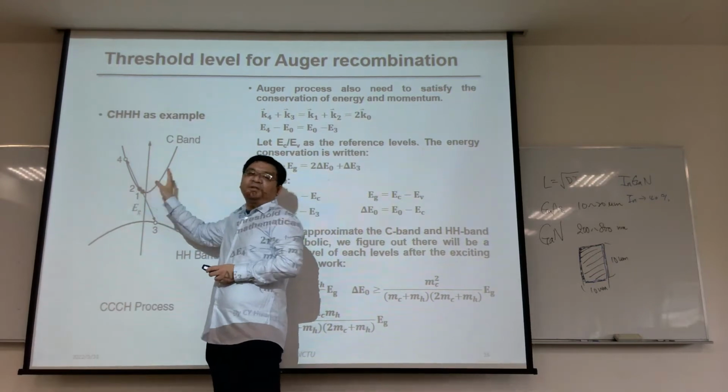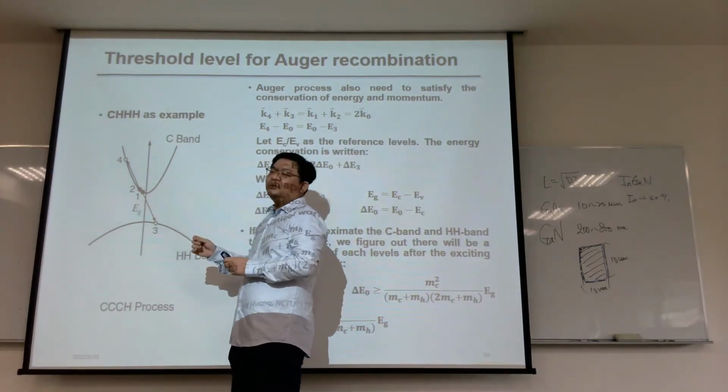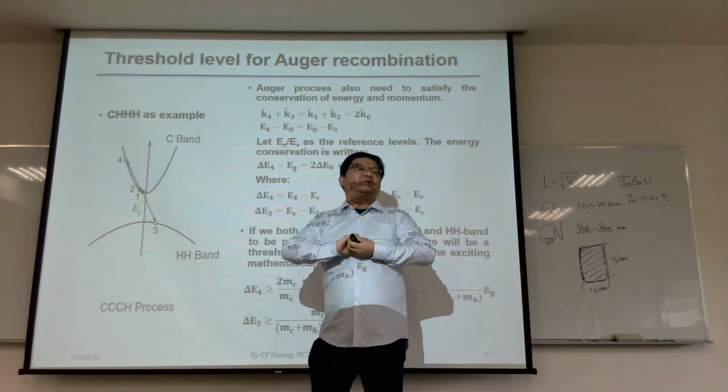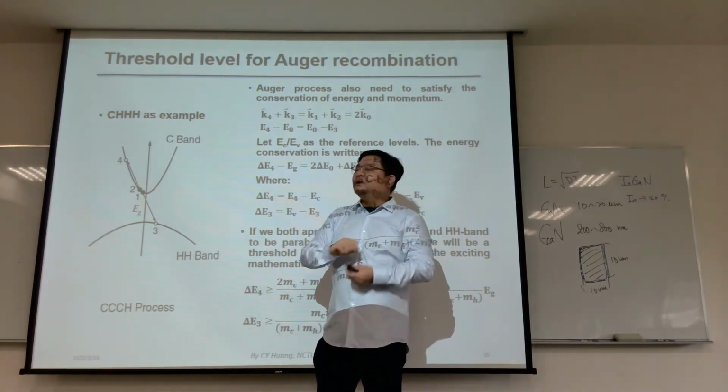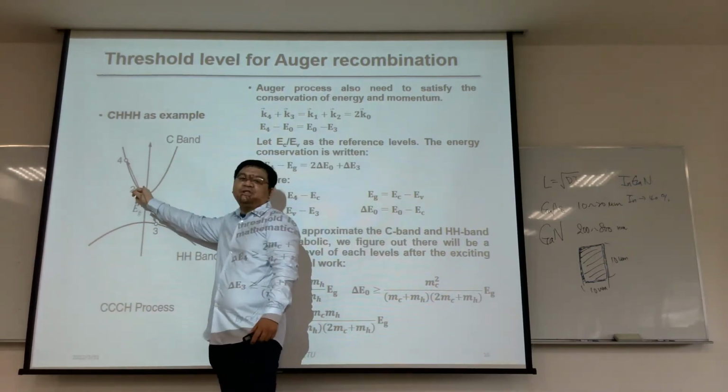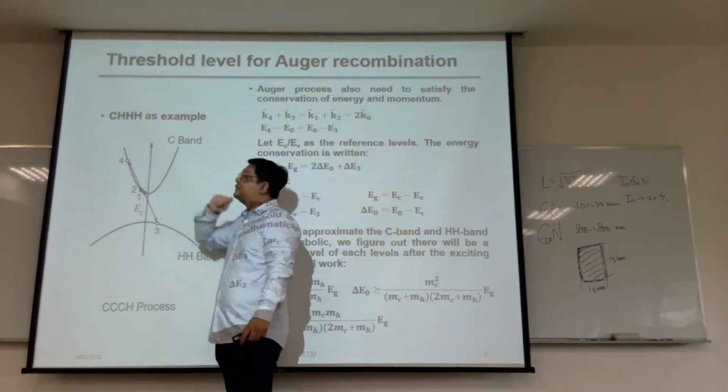For most cases, K1 is equal to K2, because if the momentum is quite different, the energy exchange will be rather difficult. Although it's not necessary to be equal, usually we can just regard K1 as equal to K2.